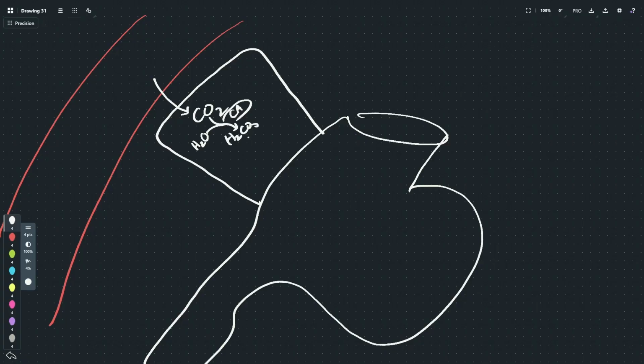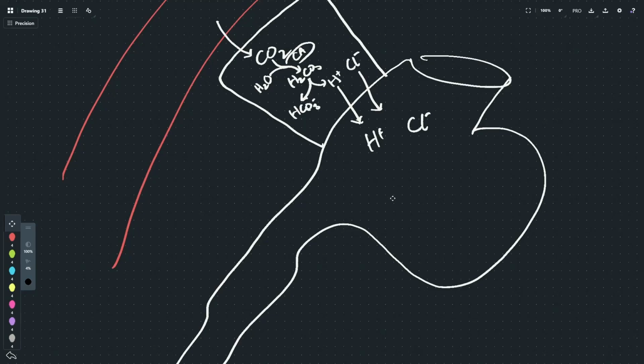Now H2CO3 will form H positive and HCO3 negative. This H positive, along with chloride, will come into the stomach, and here again we have HCl. So H positive is thrown here. The bicarbonate is released in blood.